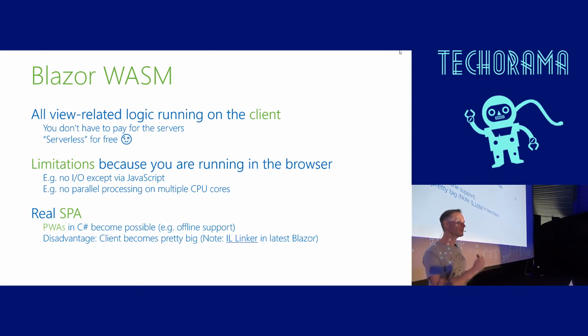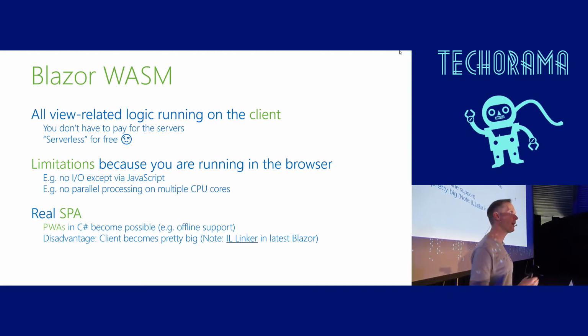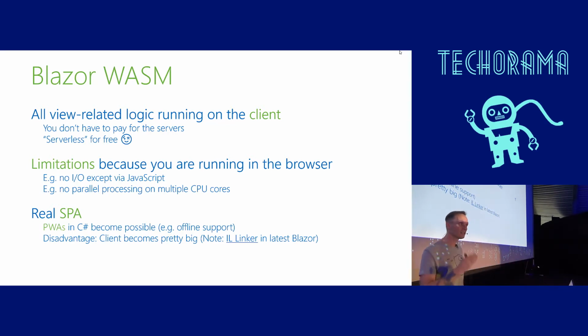It is a real single-page app. Progressive web apps, for instance, with offline capabilities are definitely possible. You could add offline support. You can access IndexedDB and things like that. Disadvantage, the client is pretty fat because you need to download the entire logic to the client. And here I have news for you.